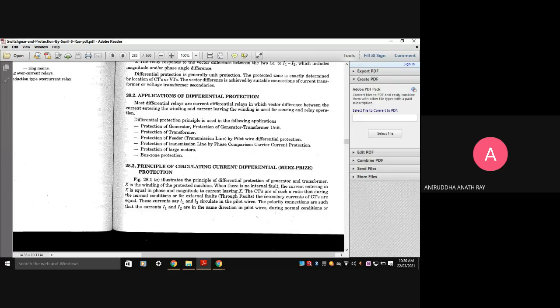Again, the CT ratios are in such a way that during normal conditions or for external faults, that is through faults, the secondary currents of the CTs are equal. So these currents, say I1 and I2, circulate in the pilot wires.